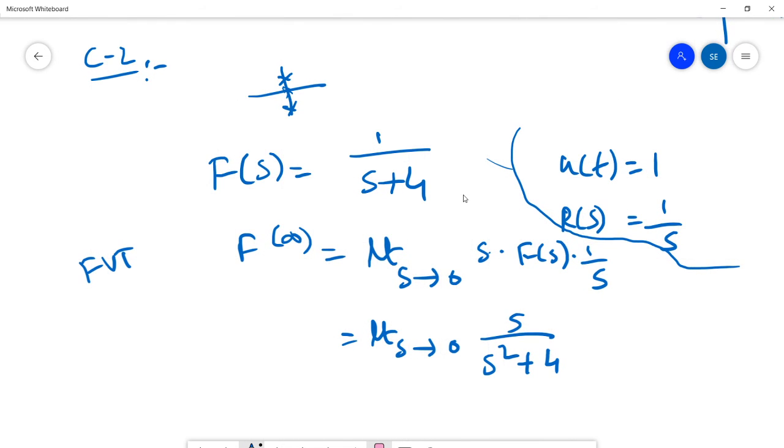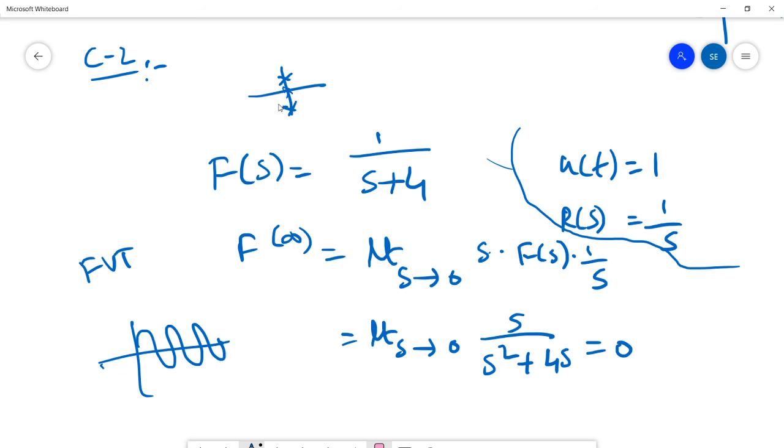What if you apply 0 here for s? The input 1 by s is multiplied on both sides. Applying it to this function, the final value theorem gives 0. But actually, when you apply an impulse to this function, you will get oscillations.